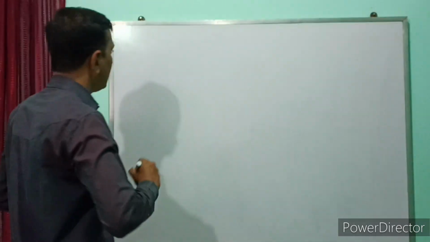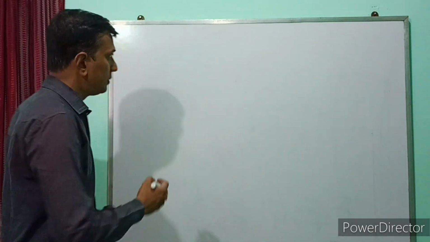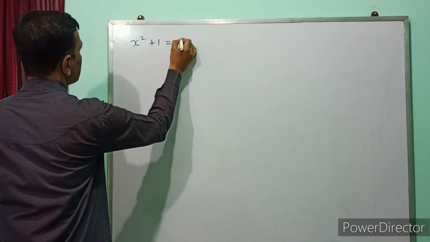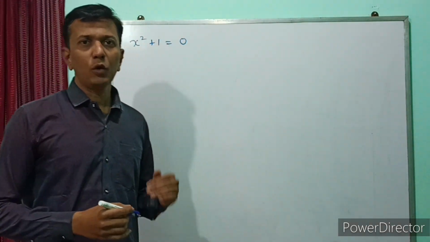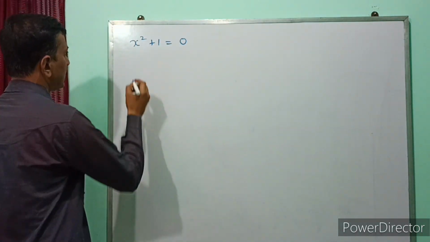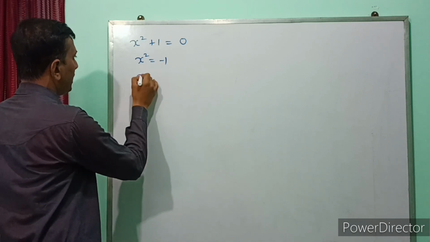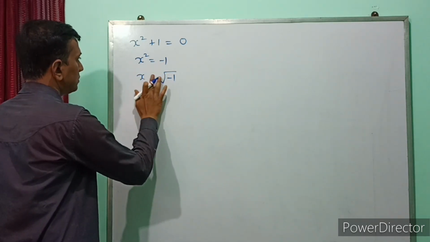First of all, whenever you are solving any equation, especially a quadratic equation, for example x square plus 1 equals 0, when you want to find the solution for x, you will come across a situation where x is equal to square root of minus 1.